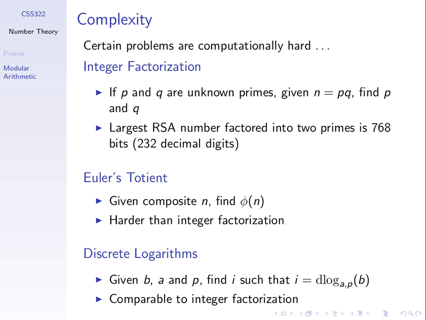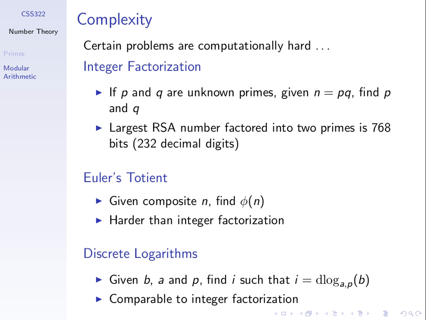Some of those problems which are computationally hard, related to what we've just discussed, are integer factorization. That is, if there are 2 unknown primes, p and q, and n equals p times q, I'll give you n. It's hard for you to find p and q if they are large enough numbers. There is no known algorithm to find p and q in reasonable time.